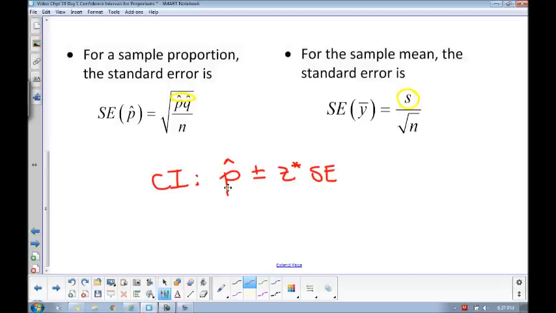So for a proportion, which is what we're focusing on for this unit, my confidence interval is the observed proportion plus or minus the z-score for that level times root p hat q hat over n.